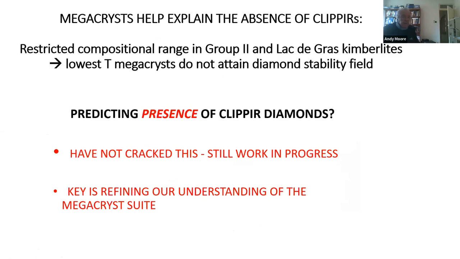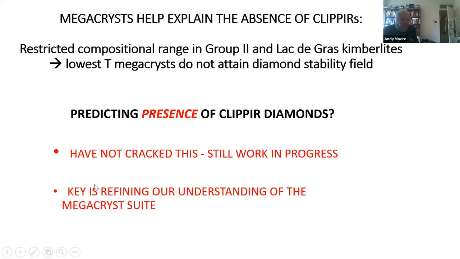So I think this is where we are at the moment, that megacrysts can help explain the absence of clippers. I suppose it's a bit of a step forward. It's not foolproof in predicting the presence of clipper diamonds. I don't think we've cracked this. It's still work in progress.